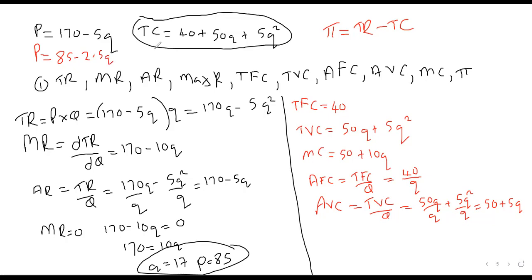The total cost, I also half it. Where there is 40, I put 20. Where there is 50, I put 25. And where there is 5Q squared, I'll put 1.5Q squared. So I want you to try everything I've done under this function as your homework. I require it tomorrow.